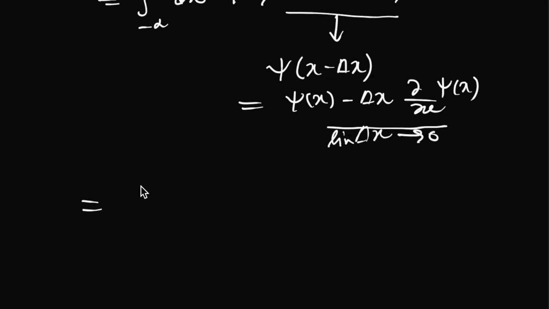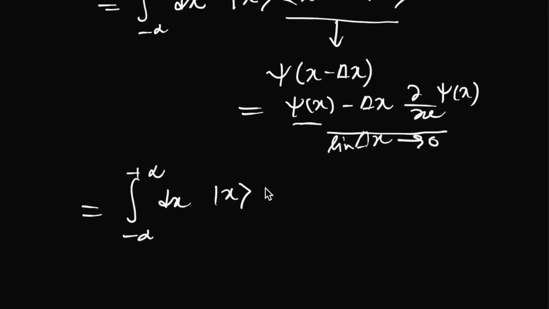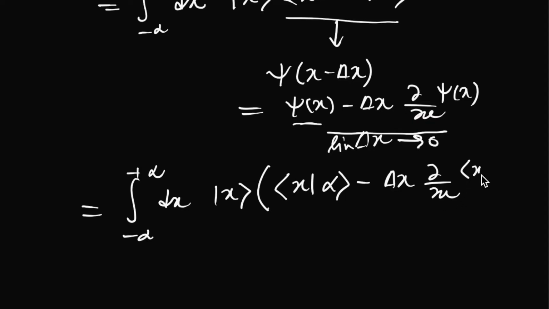Now if we write it here, we get integral dx |x> times <x|alpha> minus delta x del x of <x|alpha>.